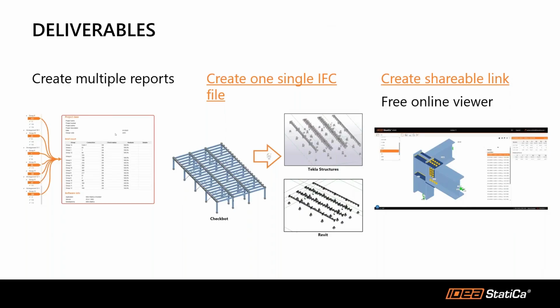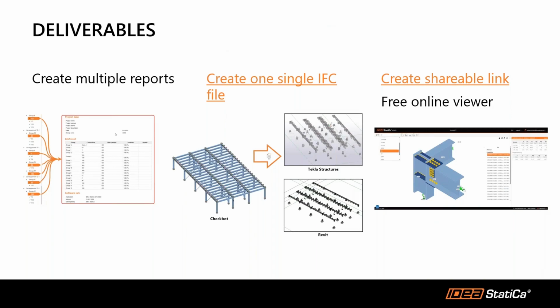The first thing is that you can create multiple reports from Checkbot. So in Checkbot, because we have all the connections from the structure, you can select what connections you want to get a report for, and then you can create a report from the interface of Checkbot.